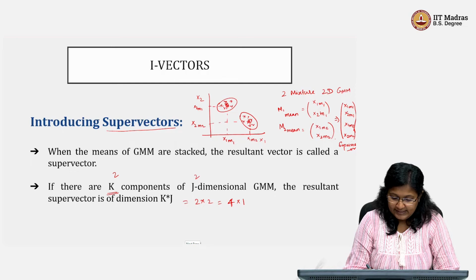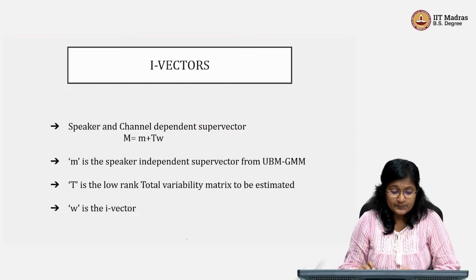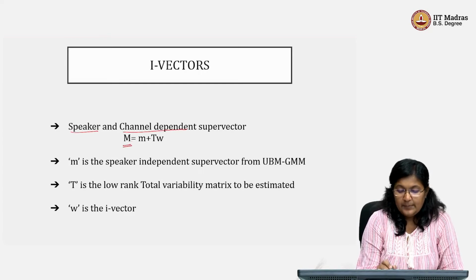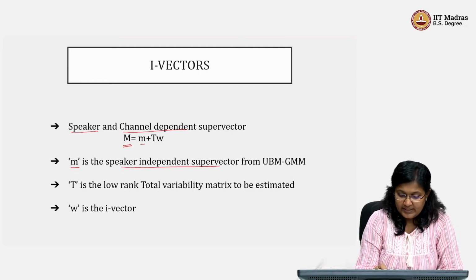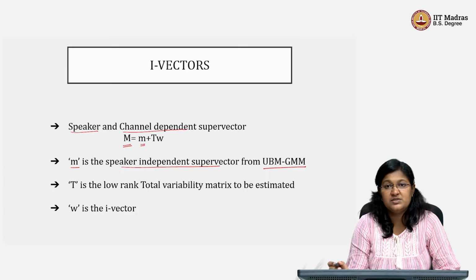So what does the I-vector say? Again, I am not getting into too much detail of I-vectors. There is something called a speaker and channel dependent supervector, capital M, and small m is the speaker independent supervector. Because it is speaker independent, it has to come from the UBM-GMM.